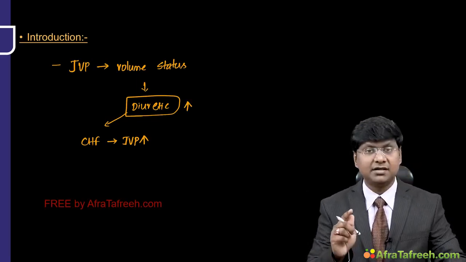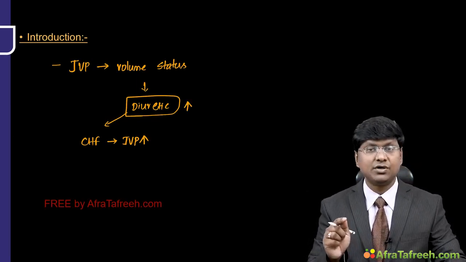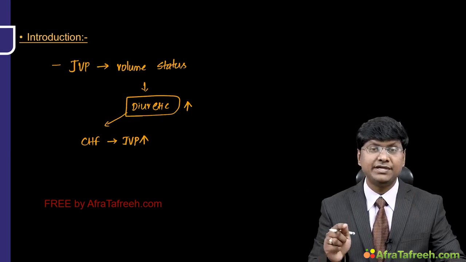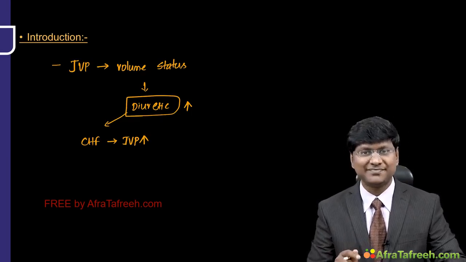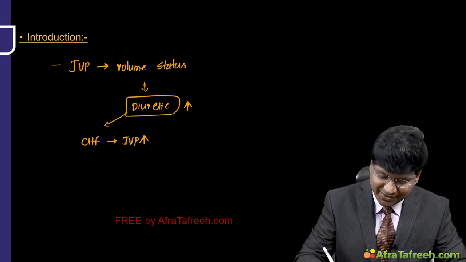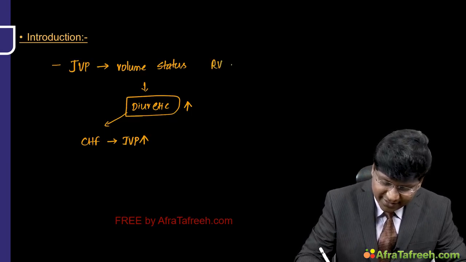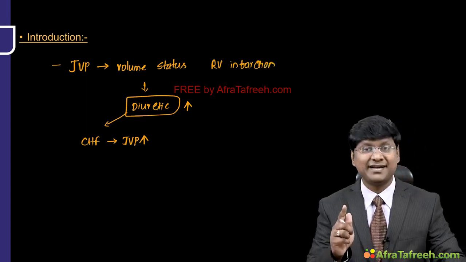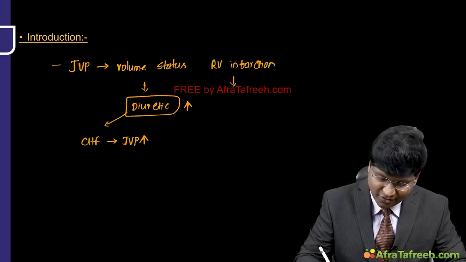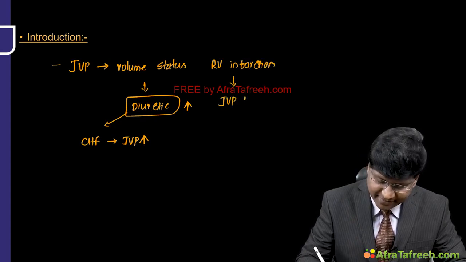Now, but the raised JVP does not always mean that you need to increase the dosage of the diuretic. Why? Because take patients with right ventricular infarction. In patients with right ventricular infarction, they will also have the raised JVP.